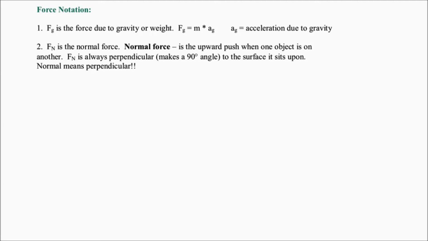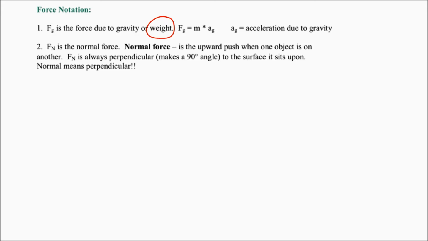Alright, so now we are going to talk about force notation, and that's just how we write down our different forces. We've got F sub little g, which is the force due to gravity, and that is the same thing as weight. Okay, the force due to gravity is an object's weight. Remember, we talked back in chemistry and earlier this semester in physics about how mass and weight are two different things. Mass is how much matter an object has, and weight is that amount of matter's relationship with gravity.